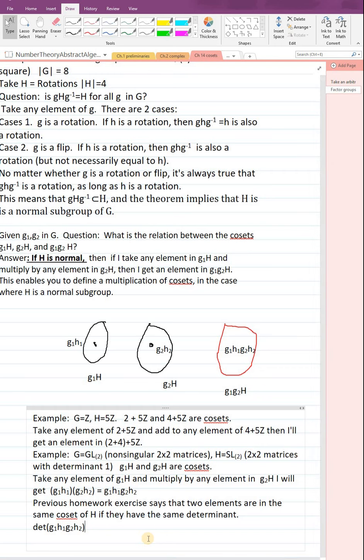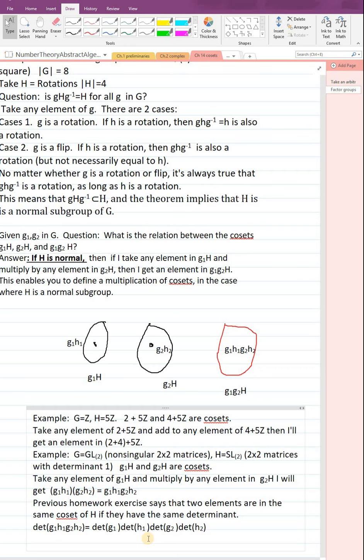You know you can break up determinants, so I can write this as the product of determinants. How can I simplify that?